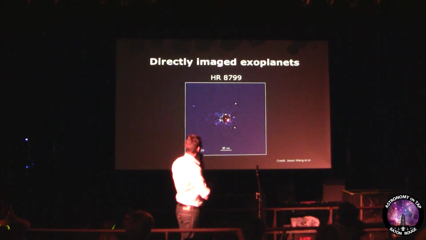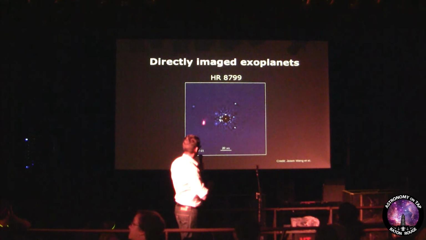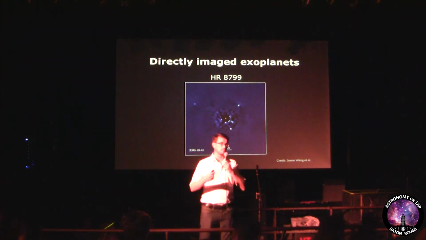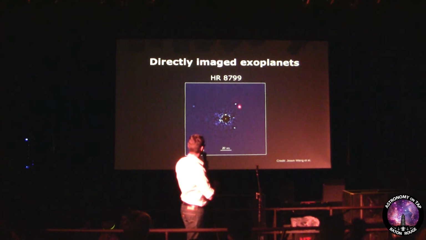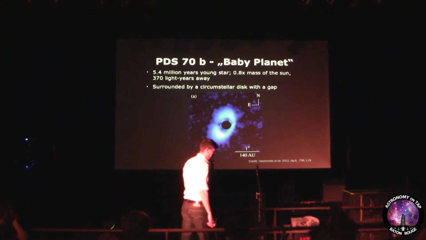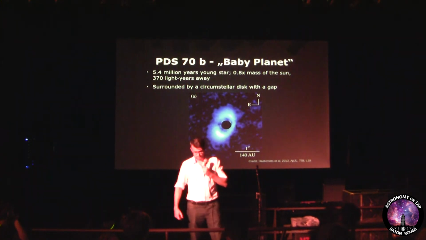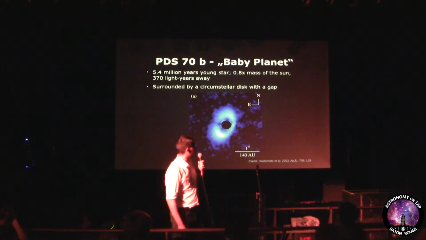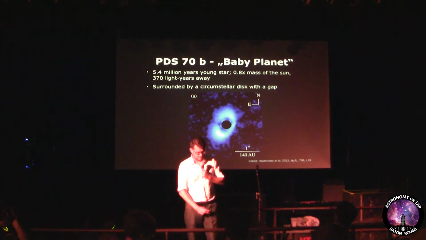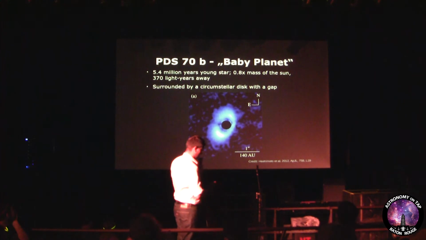The star itself is hidden behind this mask in the center, and it was found that this star is orbited by 4 planets. And if you take a lot of images over a long period of time, you can actually also see their orbital motion. Now, another system I would like to introduce you to is PDS-70, which was called Baby Planet. I will comment on this.